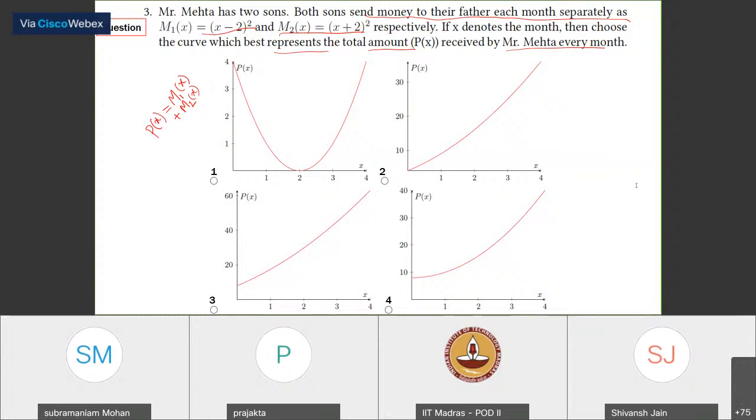I think you might have received it. Can you send a mail to the support team? They may be able to solve it. Is it my problem or the system? Sir, I am also facing the same problem. Yes, sir, we also. A lot of people are facing this problem.